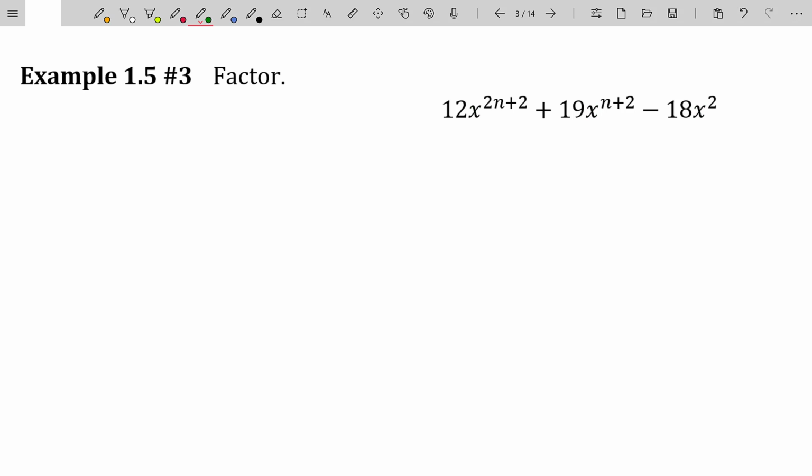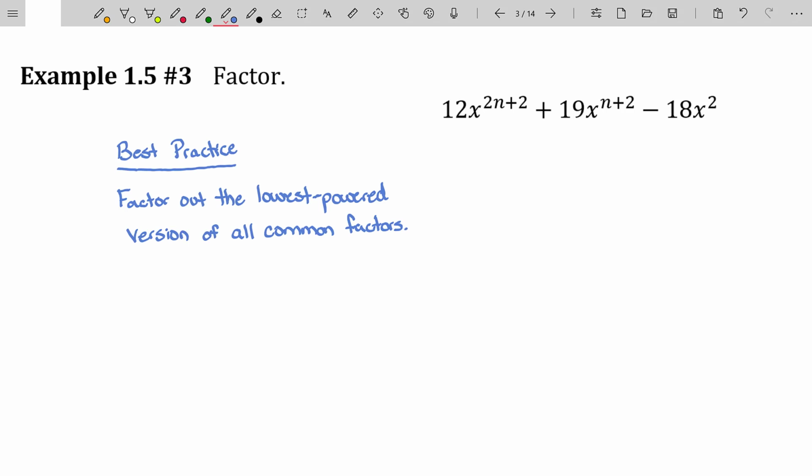The trick to factoring out a greatest common factor when it comes to variables is to factor out the lowest powered occurrence of their common variable expression. Let me write that down. So there you have it as a best practice: factor out the lowest powered version of all common factors.